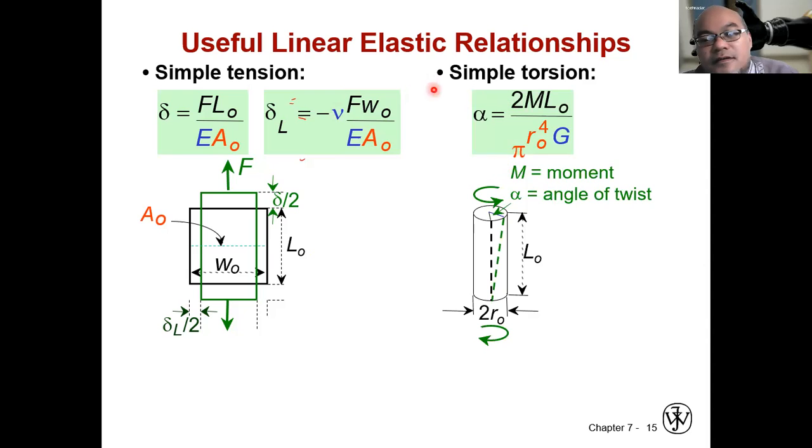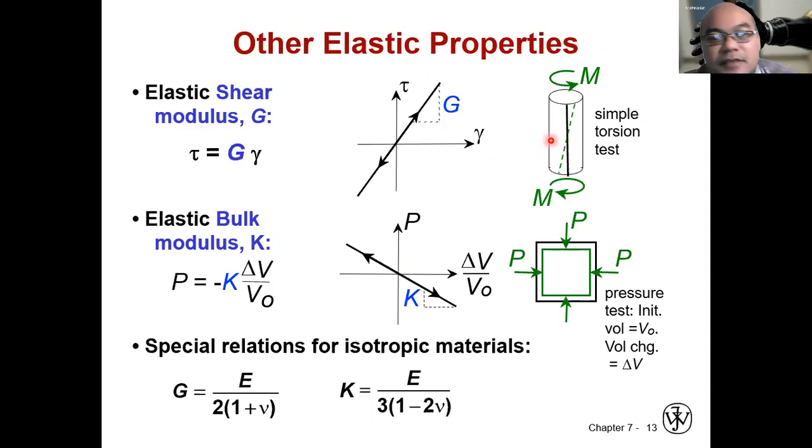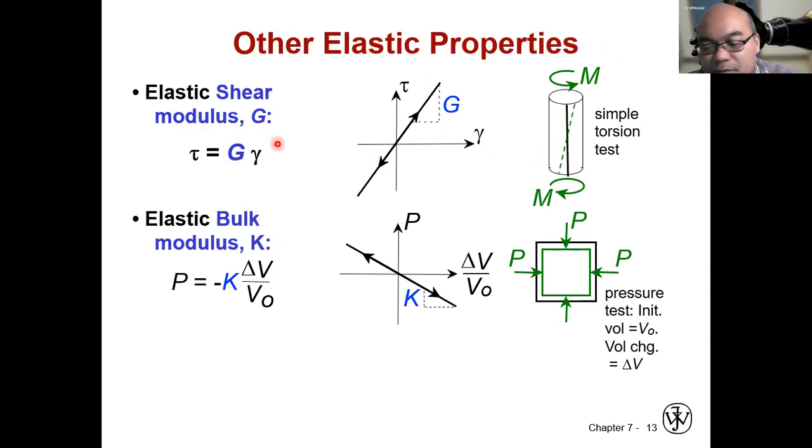In torsion, alpha is the angle of the twist, in the circumferential direction, not in the radial direction, and can be calculated using this formula: 2 times the moment times the initial length divided by pi times the radius to the power 4 times G. G is the elastic shear modulus.